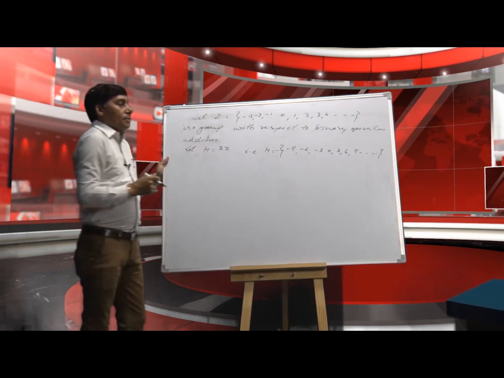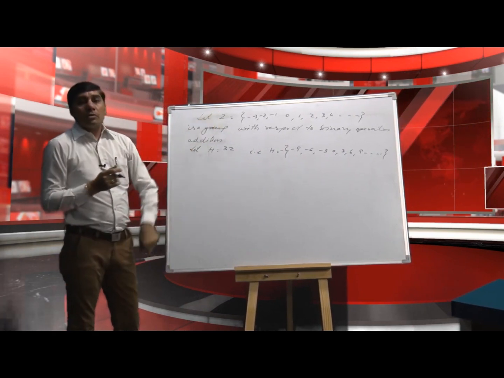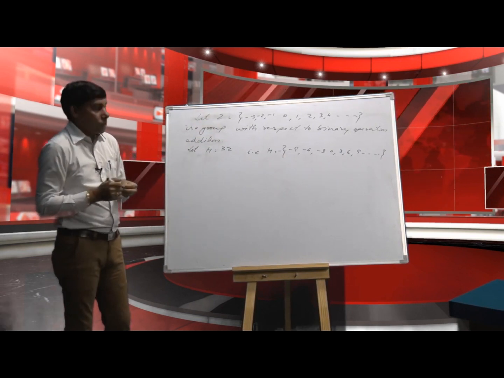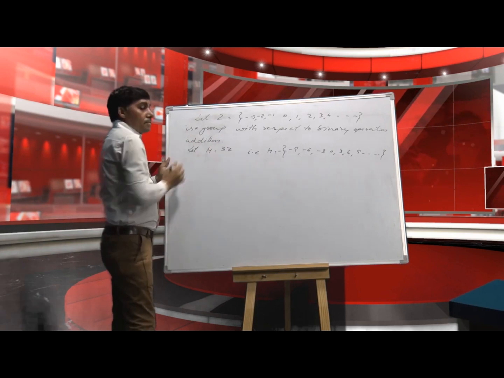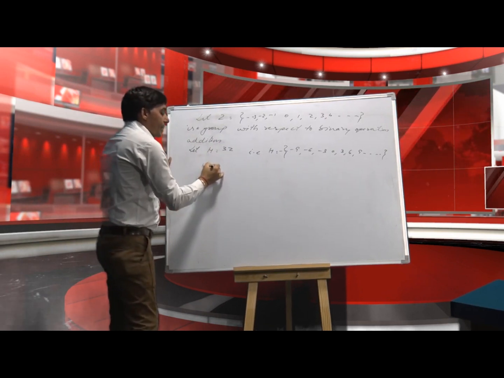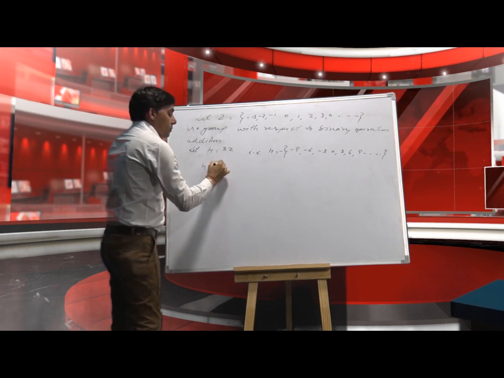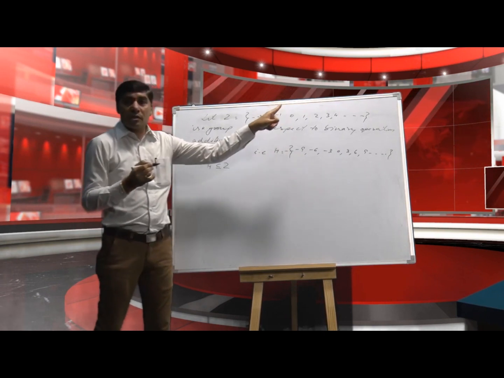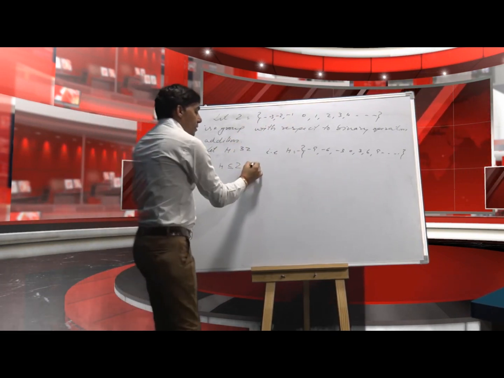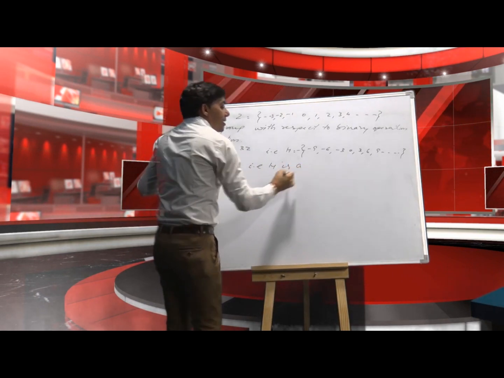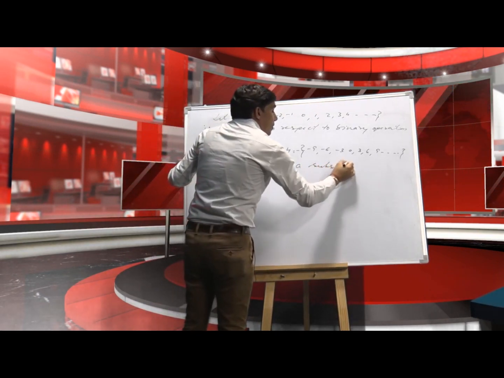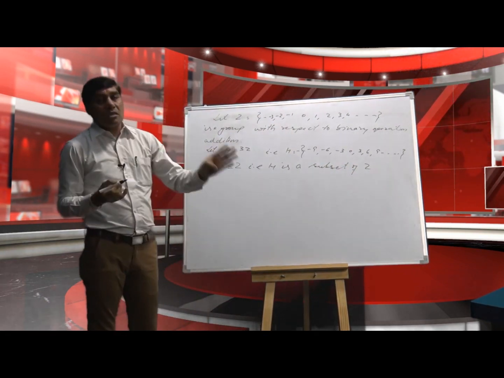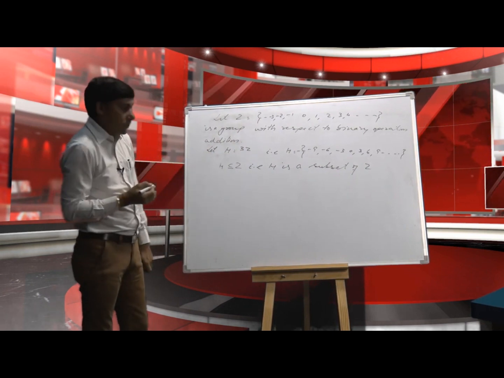We have to prove that H is a subgroup of Z. Clearly, H is contained in Z. Every element of H is contained in Z. That means H is a subset of Z. In other words, H is a complex of Z.